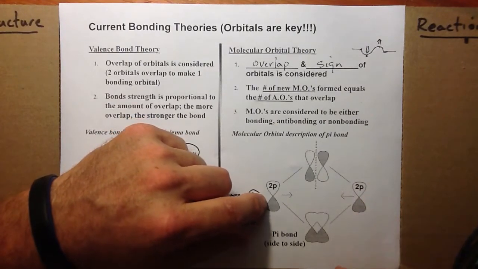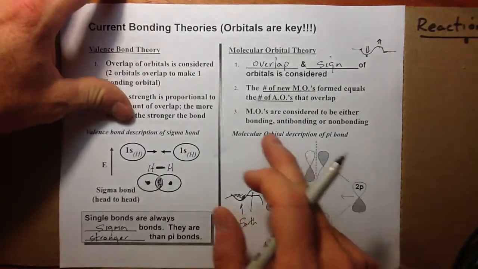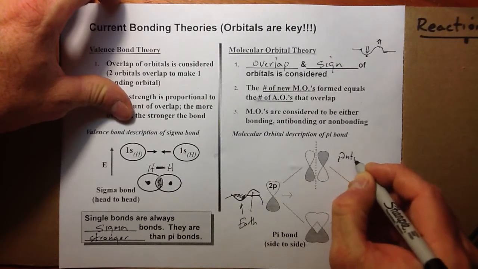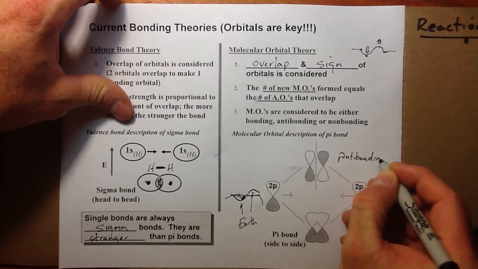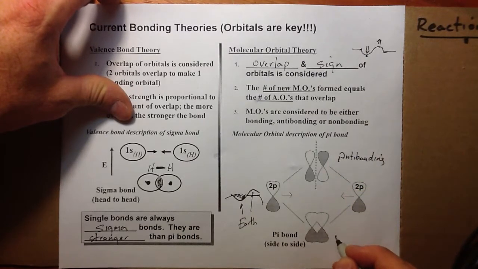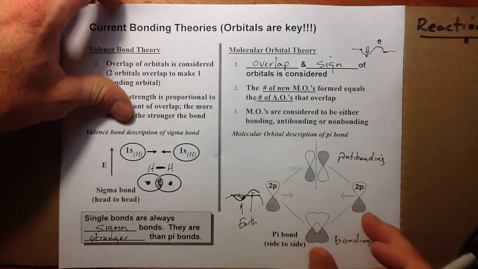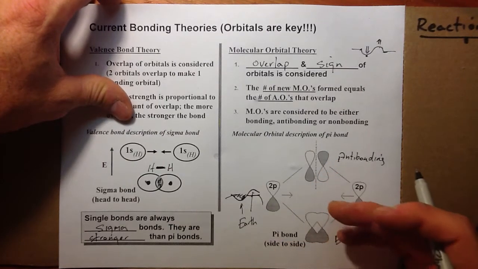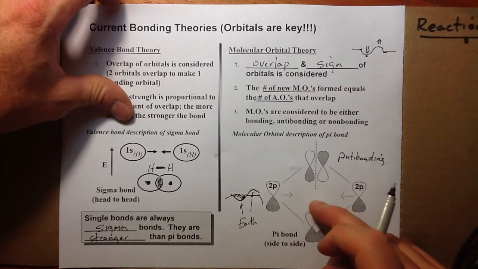So number in is always number out. And they're either considered bonding, this would be considered anti-bonding, and this one down here would be considered bonding. If there was ever an overlap where there's equal destructive interference to the amount of constructive interference, we would call that non-bonding.